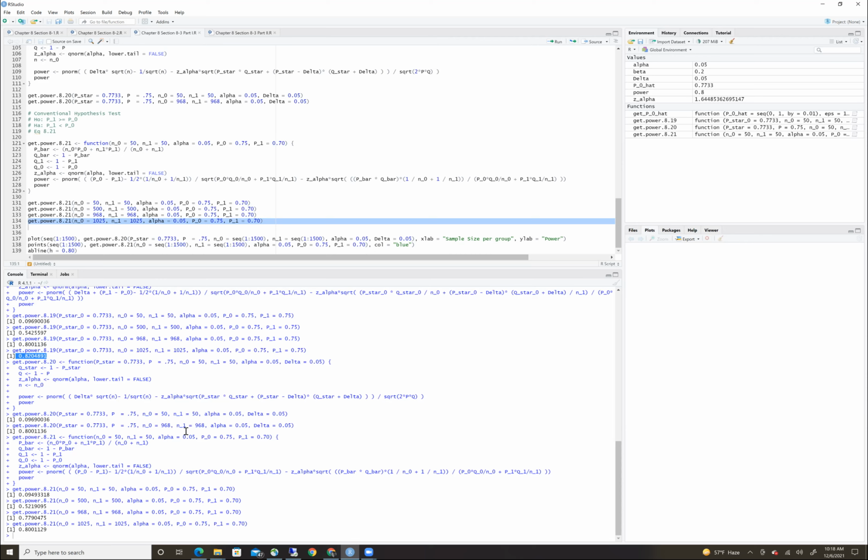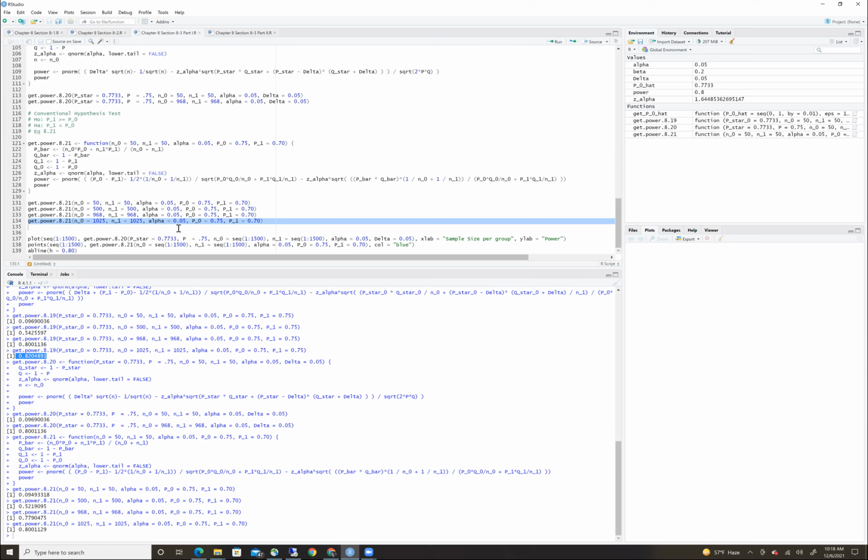This is because in the conventional test, we're testing whether you are larger or different than the hypothesized proportion, whereas in a non-inferiority trial, you're just saying you're not worse. That's not as powerful a statement, which means you're not going to need as many patients to get to that significance.